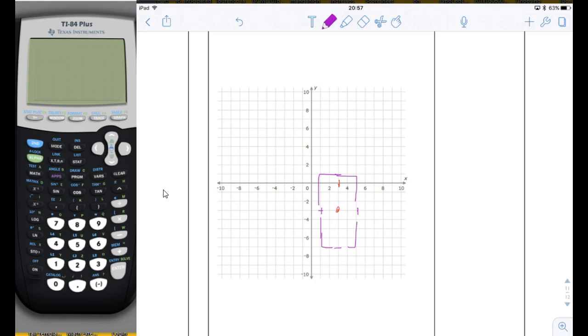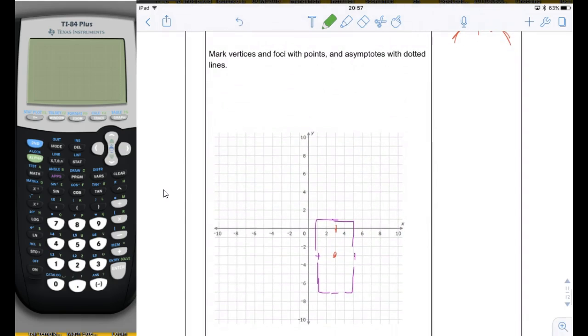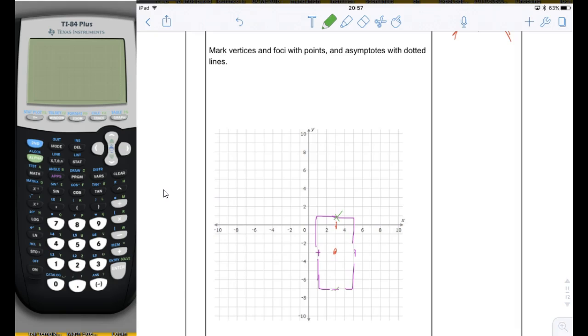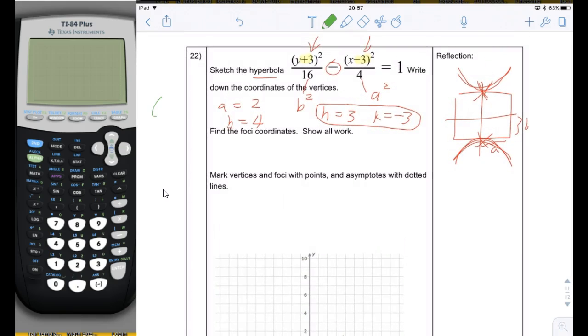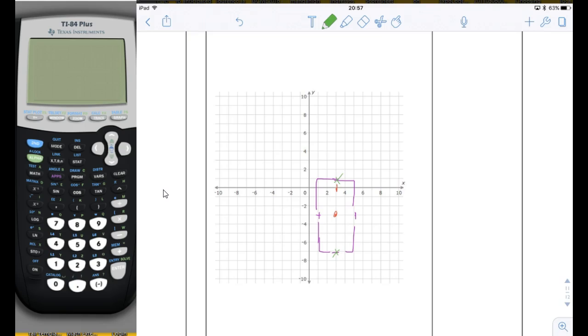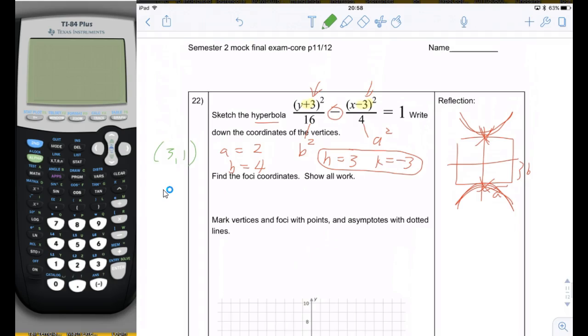Okay, there's our rectangle. And so from the rectangle, we can figure out that the vertices are, since it's a top-bottom hyperbola, remember, the vertices are here and here. So the vertices are going to be 3, 1, and the other one is going to be 3, negative 7, right? All right, so that's the vertices.